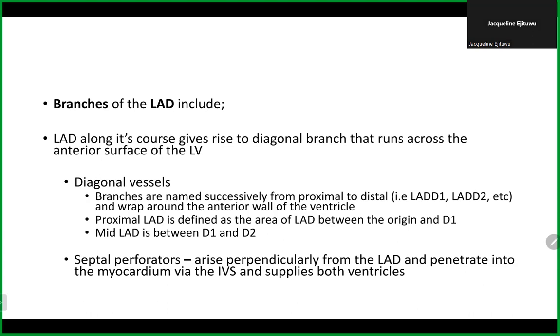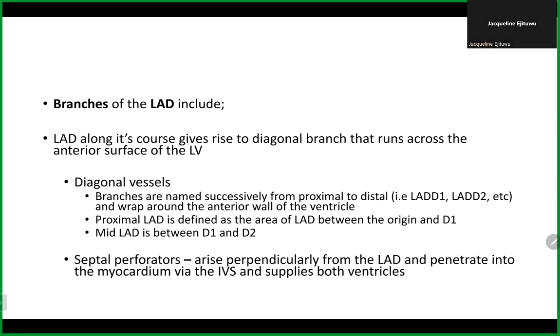The proximal LAD is defined as the area of the left anterior descending artery between the origin of the LAD and the first diagonal branch, while anything after the first diagonal branch is distal LAD.